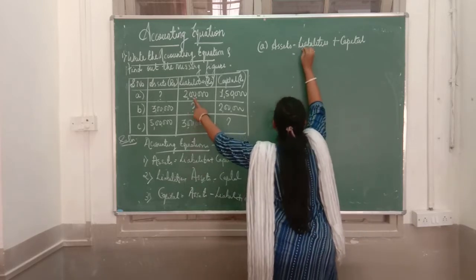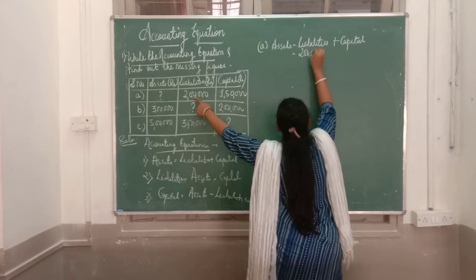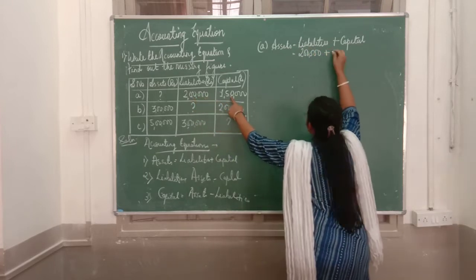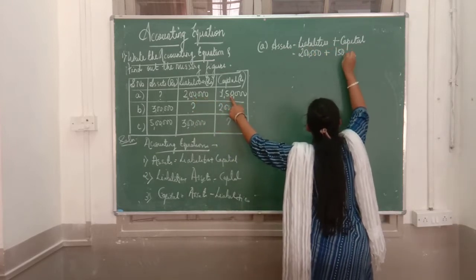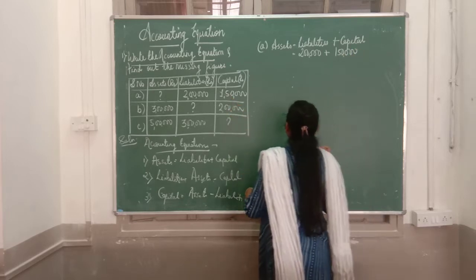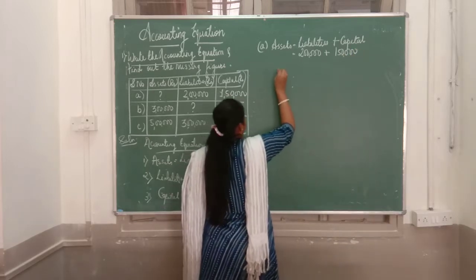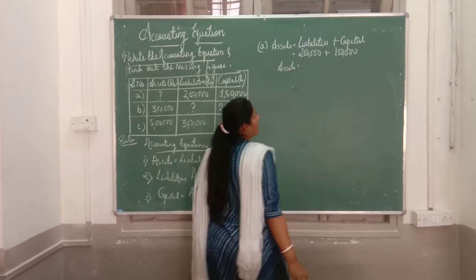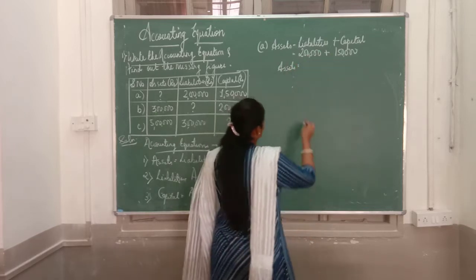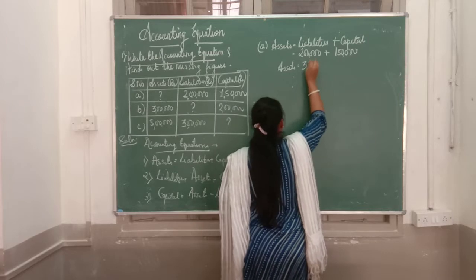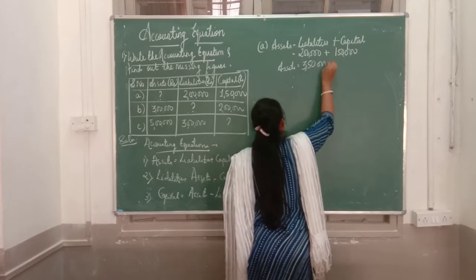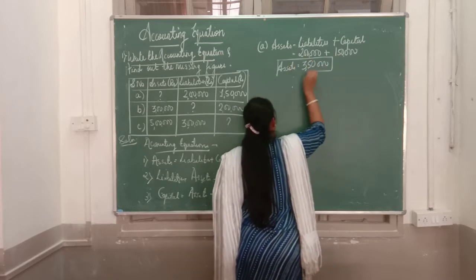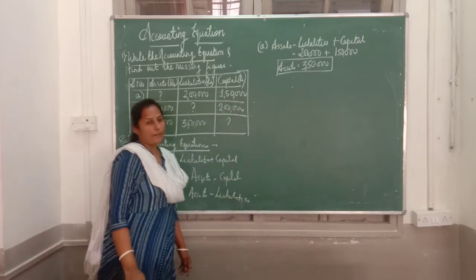Liabilities is 2 lakh, plus capital is how much? 1,50,000. Therefore assets is equal to 2 lakh plus 1,50,000, which is 3,50,000. We got the first. Very easy for 5 marks.